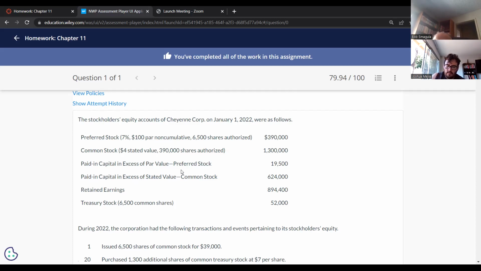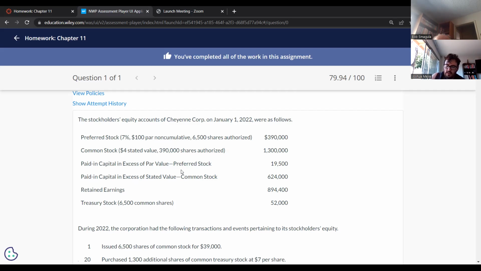I think you did it right, but I got screwed up. So I got that. And then after that, I added the 6,500, right? And then they bought 1,300 in treasury stock.